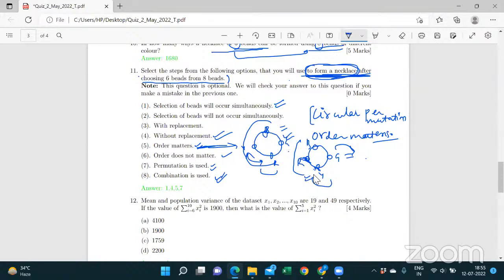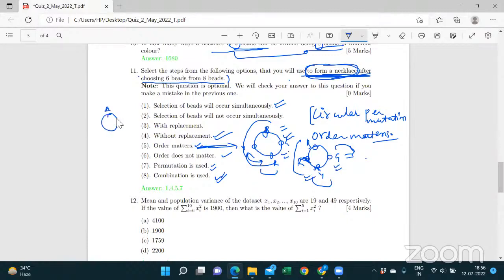Here order means the sequence of the colors, not the circle arrangement. Yes, you did the circular things, then these things are different from those things.